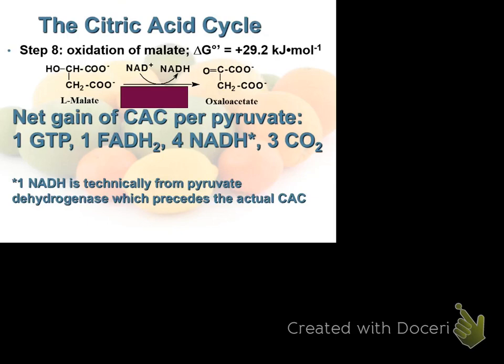But now, if you don't include step 0, then it would only have 3 NADHs. But that's why I put the little asterisk there, just in case you see a discrepancy between books, or even within chapters of the same book sometimes. That's the reason why. But yes, that's malate dehydrogenase. Okay. Awesome.